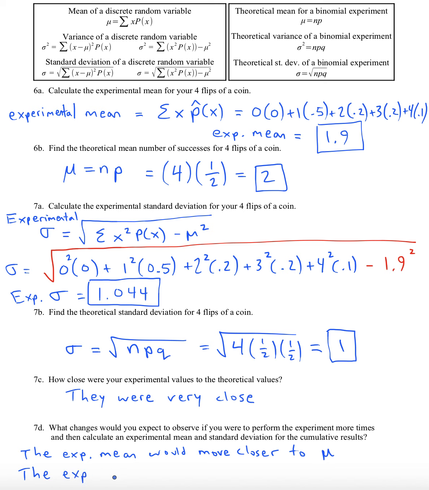The experimental standard deviation would be expected to move toward sigma. Now we don't know for sure that it will, okay? But that is the expectation according to the law of large numbers.